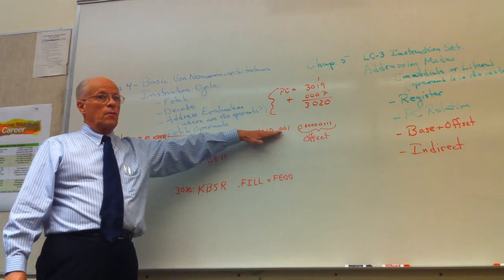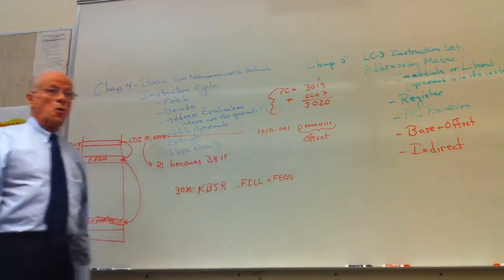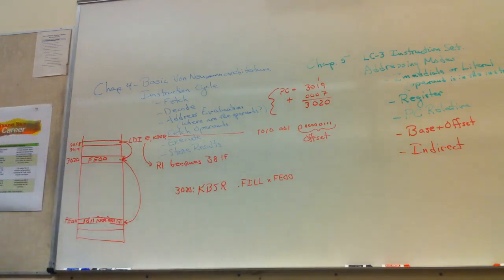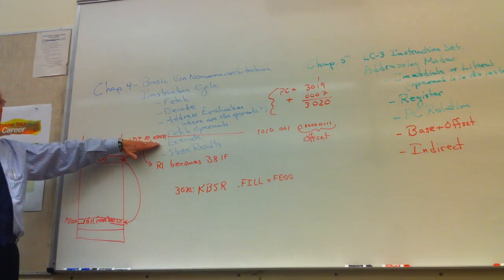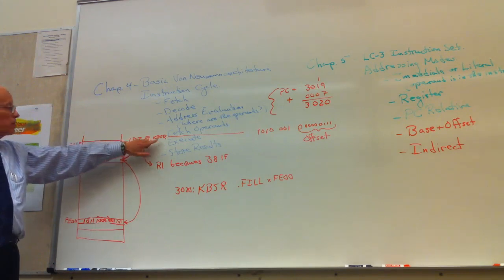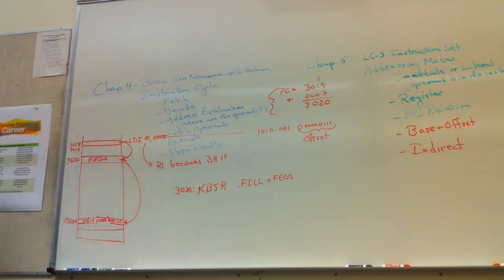And where is that coming from? From your coding, as you wrote the instruction. Well, if you write the instruction in this form, offset is label, the assembler is actually figuring that offset for you. But it's done before your program is ever even loaded into memory.